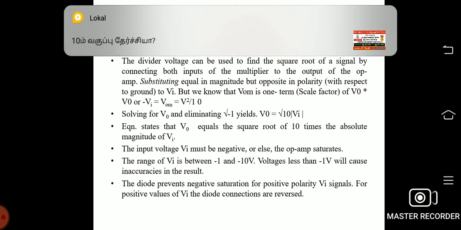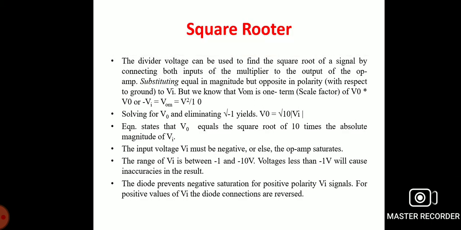So here we see the structure. It is substituting a voltage equal in magnitude but opposite in polarity with respect to ground to the input voltage.